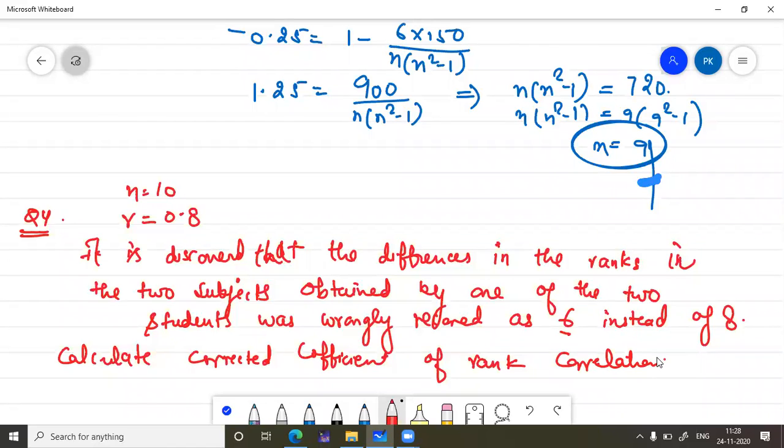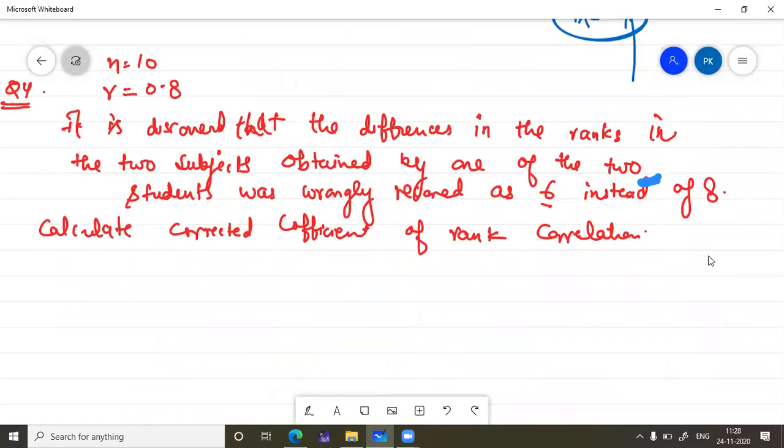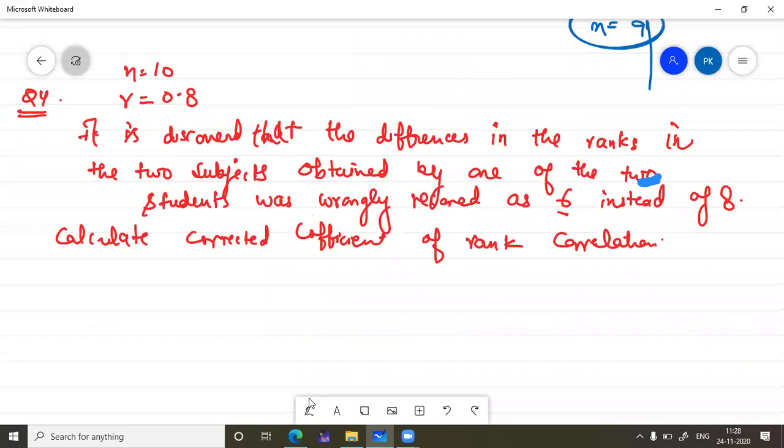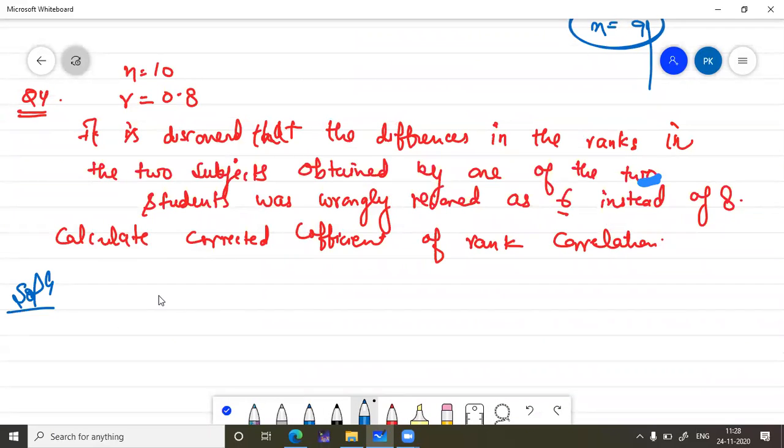देखो इसको कैसे करेंगे, we know that rank correlation coefficient is evaluating in n squared minus 1.